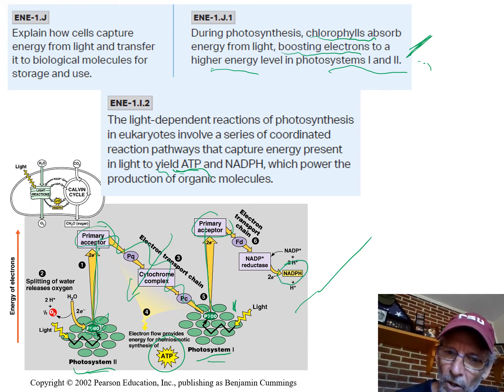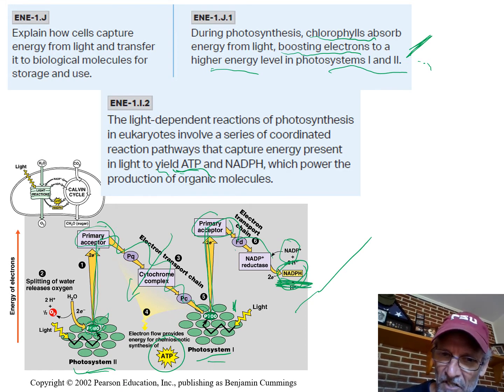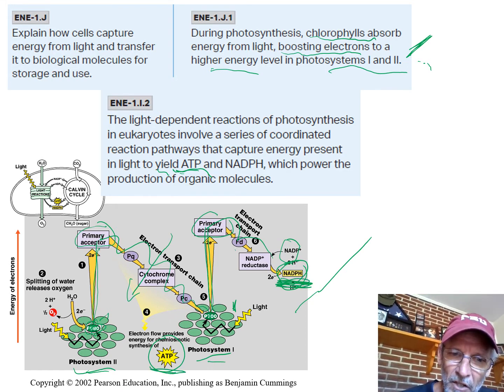This is where the other electrons end up. When they get boosted, they get passed to a few different things, but no protons are pumped. What happens to these energized electrons is they end up getting picked up by NAD's cousin NADP, and therefore the energy of the sun now exists in this molecule and this molecule.